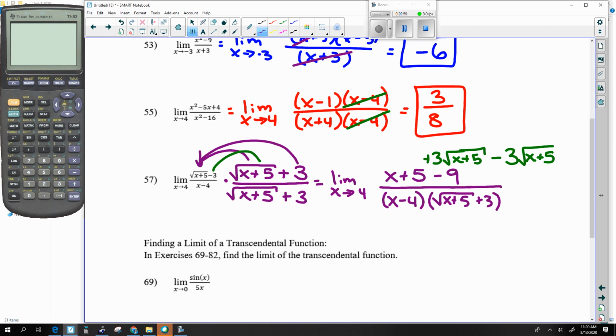Okay, so continuing on, I haven't taken the limit yet, so I still have to keep writing it. I noticed that the numerator is now x minus 4, because I have an x minus 4 in the denominator. Funny how that works out, right?